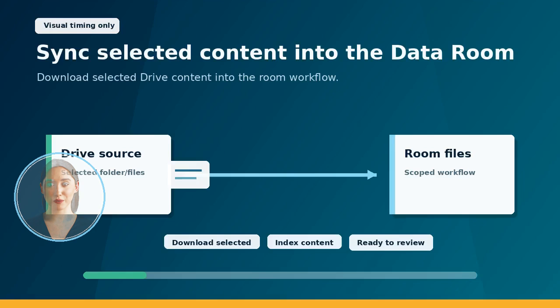For this walkthrough, we start Sync Data Room and Google Drive. The progress panel shows the current sync state, upload and download activity, discovered folders and files, and the item currently being processed.